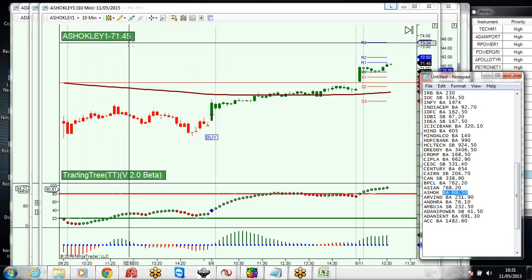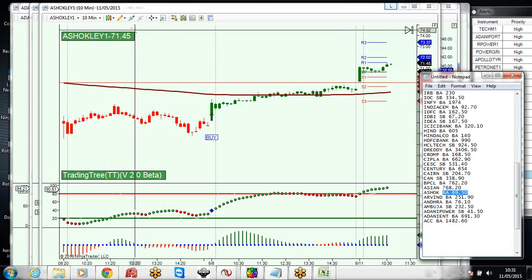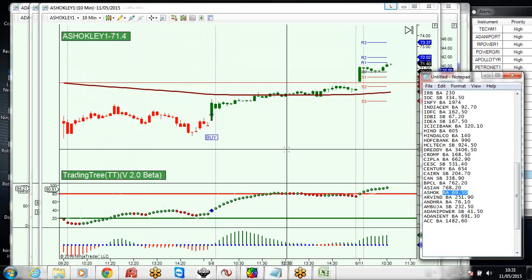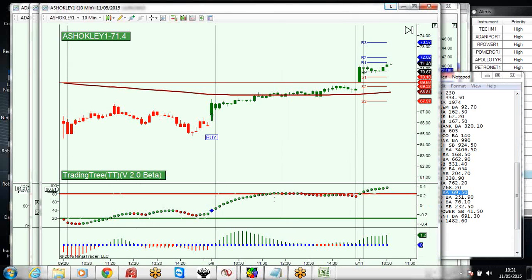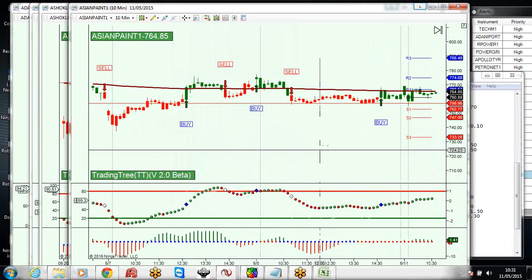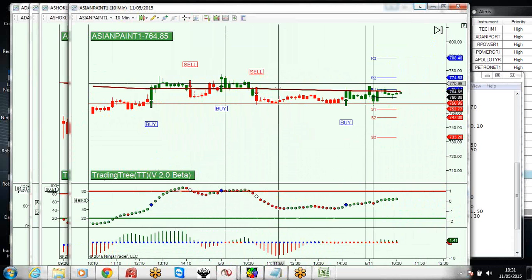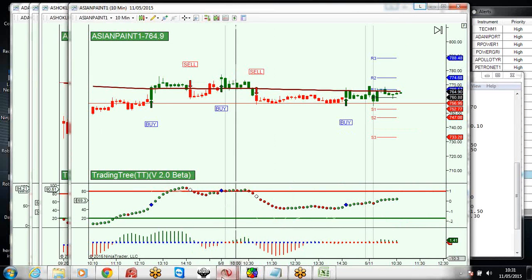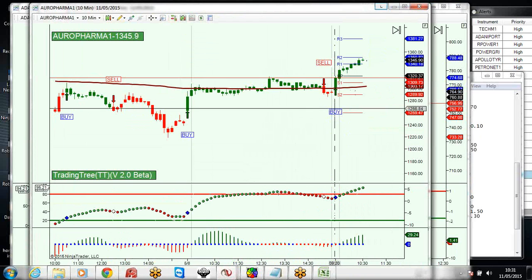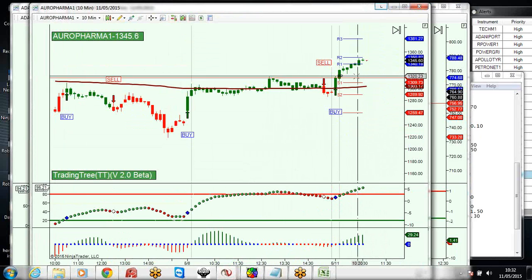That's 2 rupees up approximately. So Aurobindo Pharma 1345 is the current price. Our entry was 1319.